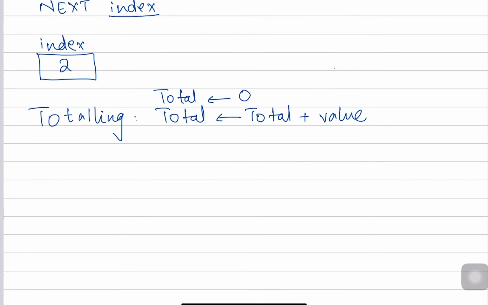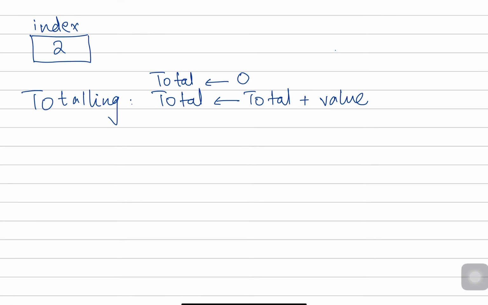Okay, so now I'm going to assume that I have an array of marks that has 10 values, 1 to 10, and they are supposed to be added up. So for this, I know that I need to add up.